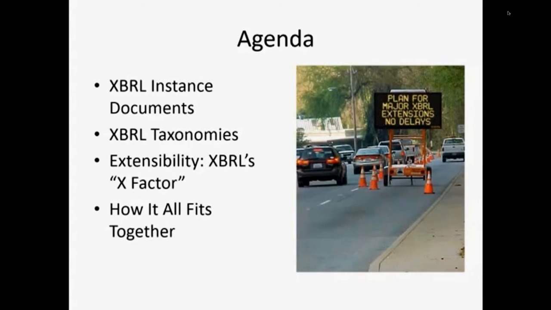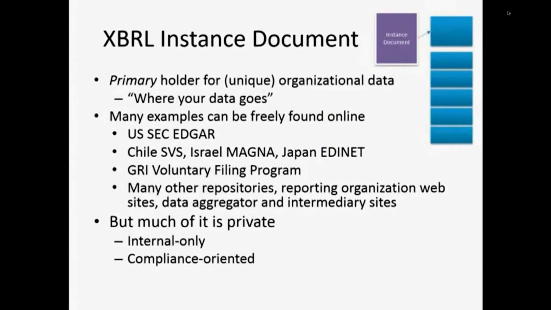Instance documents for holding the organizational data, the taxonomies that provide the context to understand that organizational data, extensibility, the unique propositions of XBRL for first creating and then customizing the taxonomy. Finally, we'll discuss how all these things work together to help streamline and integrate the business reporting supply chain.